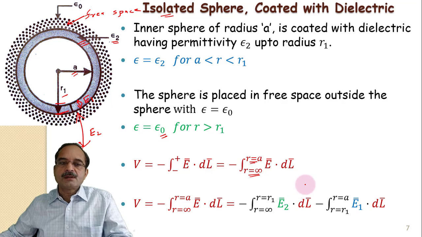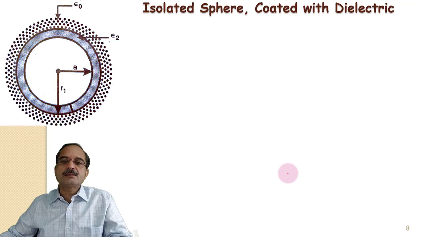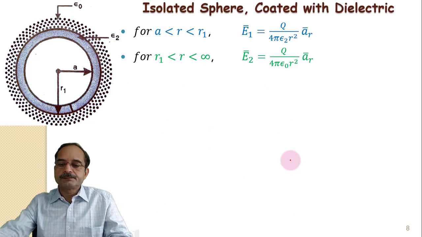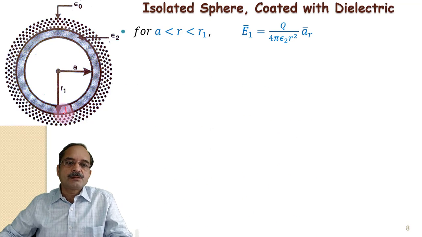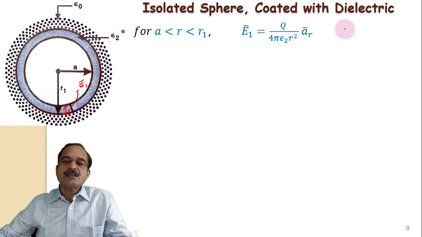Now we will substitute the value of E2 and E1 and let us evaluate this. So in this region A to R1, this is E1. So at a large distance R, this can be assumed as a point charge. So E is given by Q upon 4 pi epsilon 2 R square in this region.